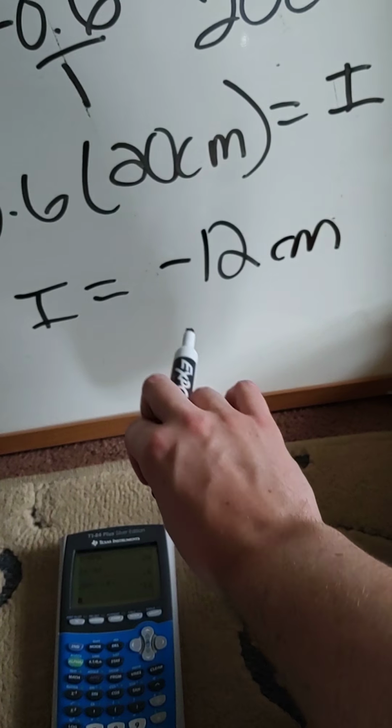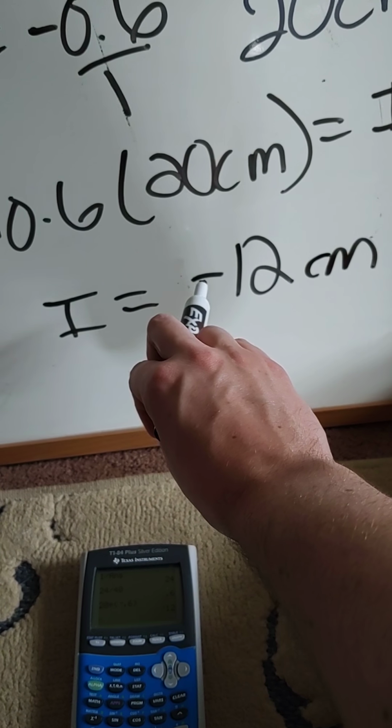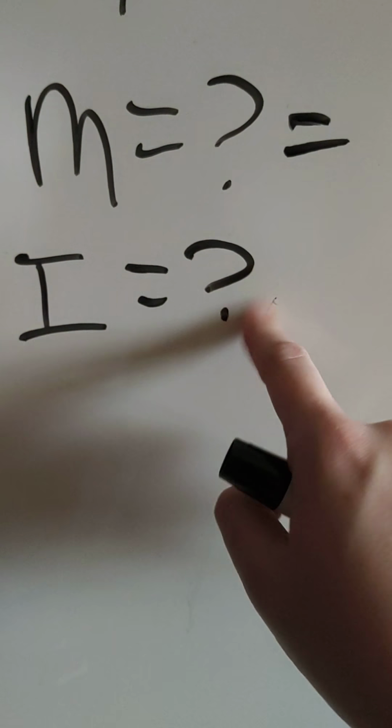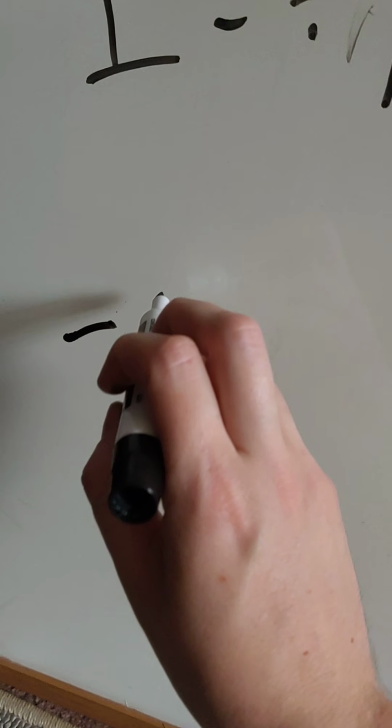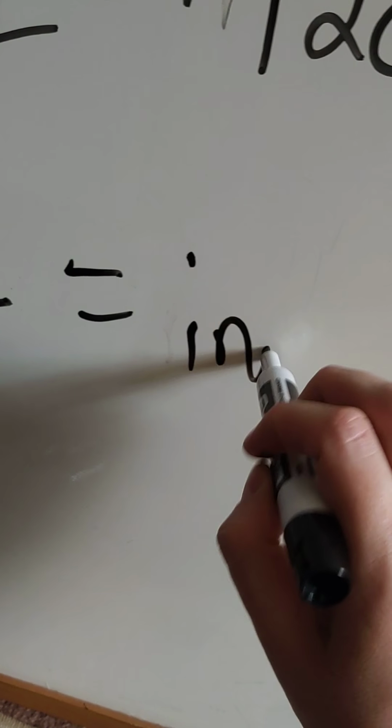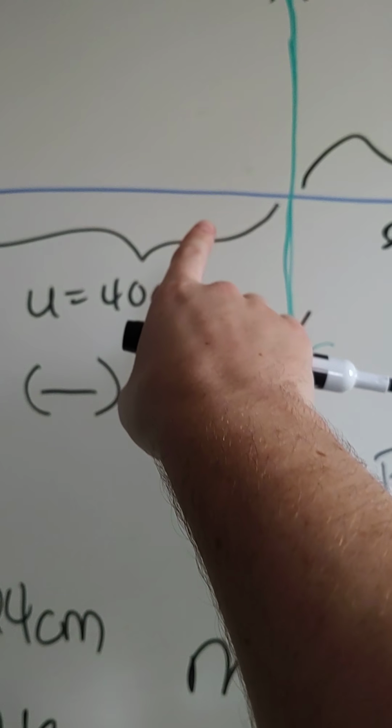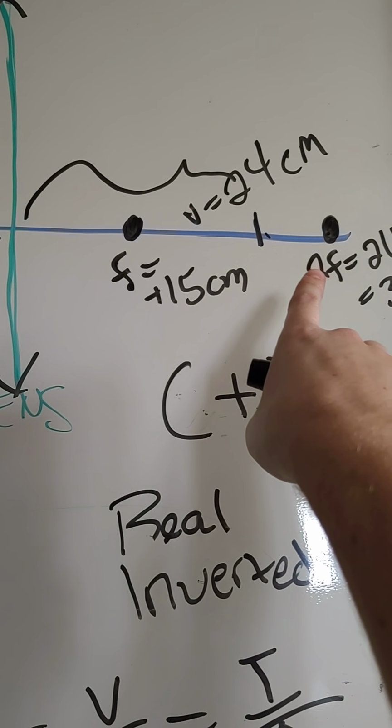Okay, so when you're writing your answer, don't use the negative. The actual image size is 12 centimeters. What does the negative mean then? The negative in this case means that it's inverted. It tells you that your picture is below the blue line. So our picture is going to come out over here.